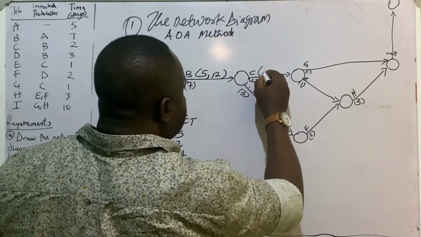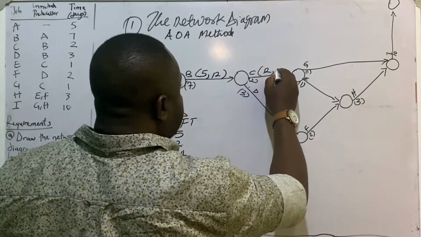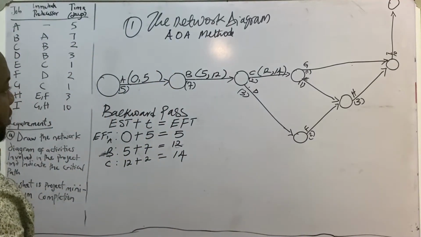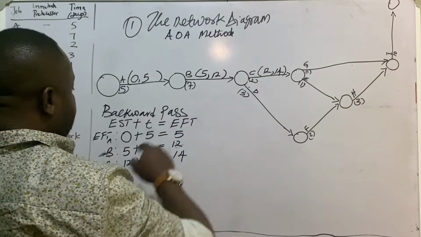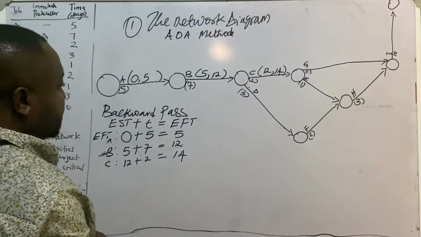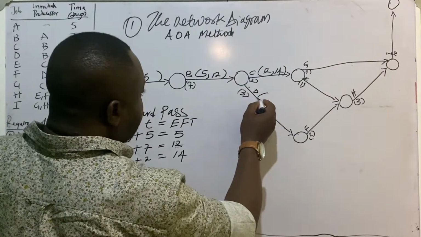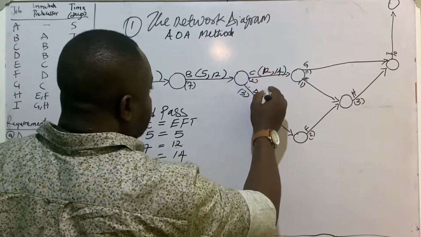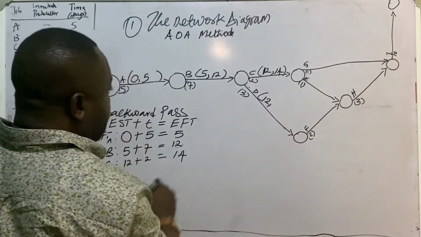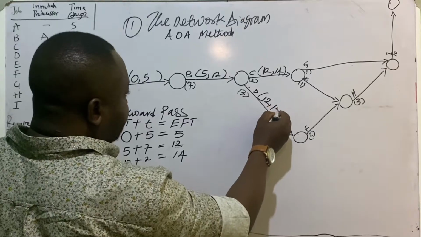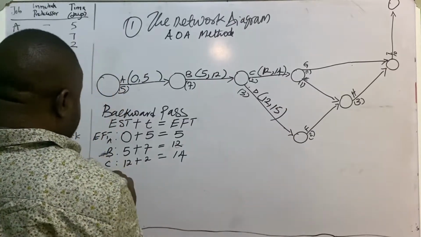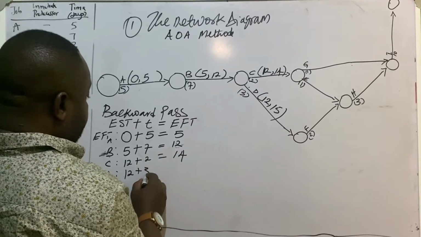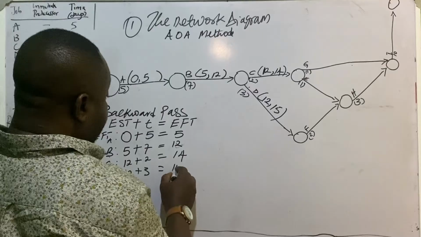So we're going to have 12 and 14. And for activity D, which has 3 as the time of the activity, we're going to have 12 plus 3, which is 15.